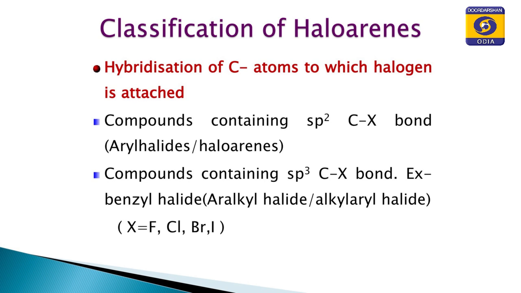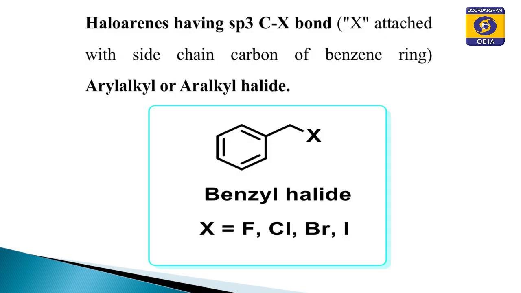That one is an example of the benzyl halide, and if the halogen is fluorine, chlorine or iodine, then we get benzyl fluoride, benzyl chloride or benzyl iodide. So, based upon this, we have the different methods of classification for the haloarenes.